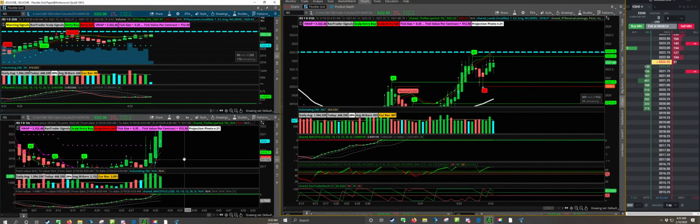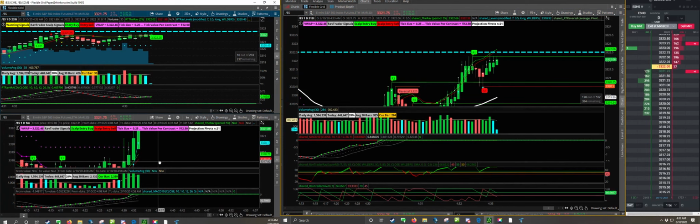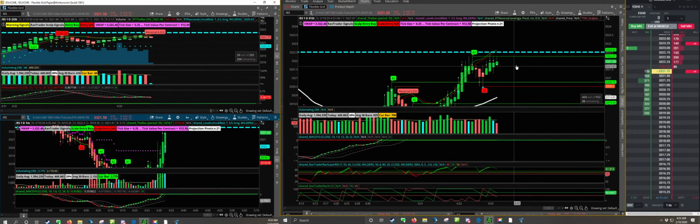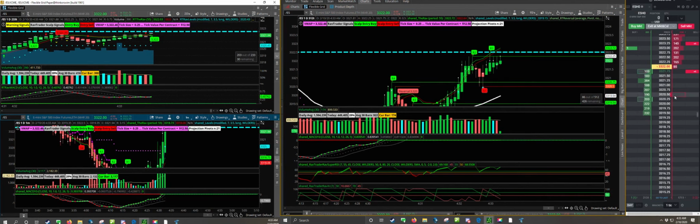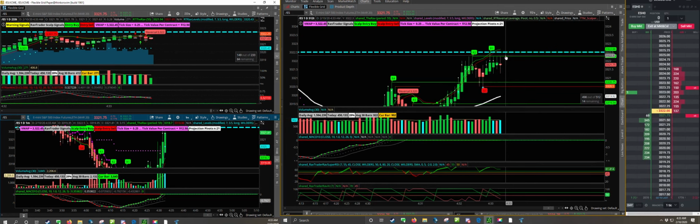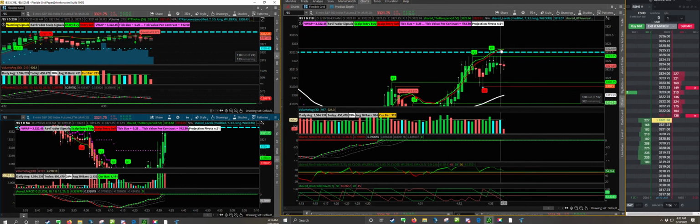I got a 23 long order above the VWAP breakout, just above the moving average. If we take that 23, look for the target to be up at about 26.